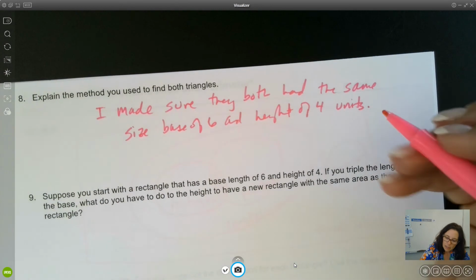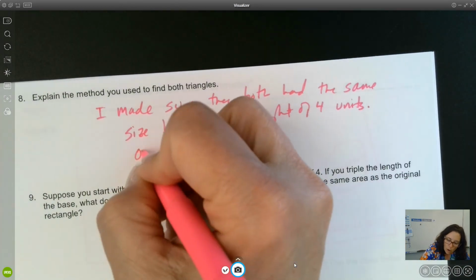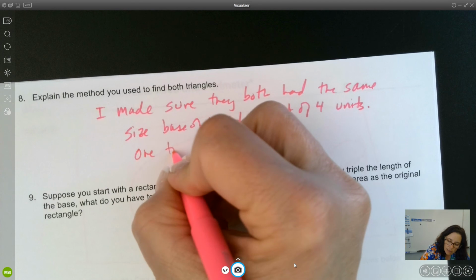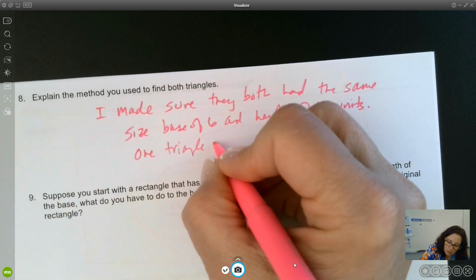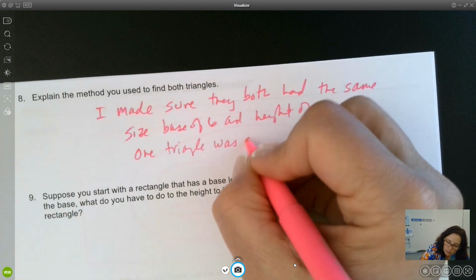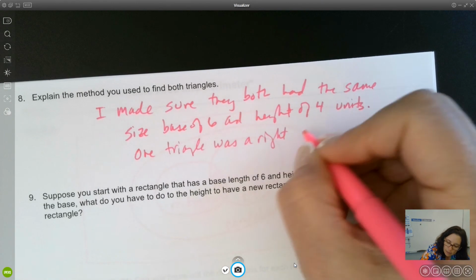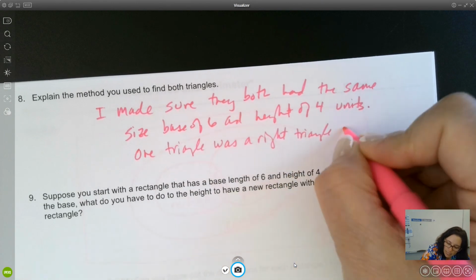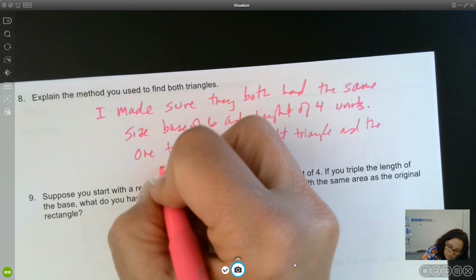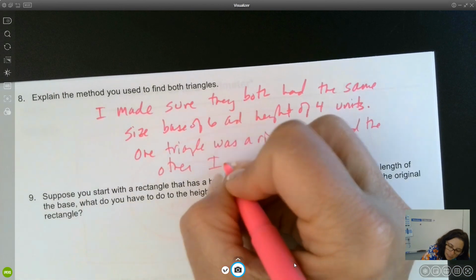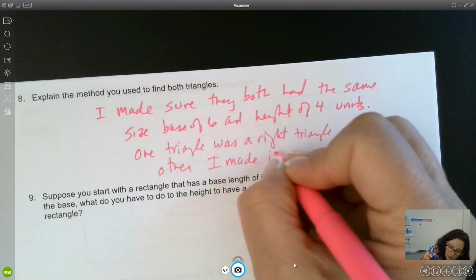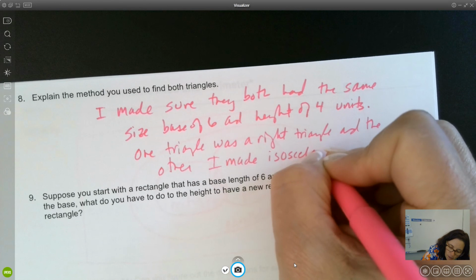Okay, and then one triangle was a right triangle. That was the easy one. And the other, isosceles.